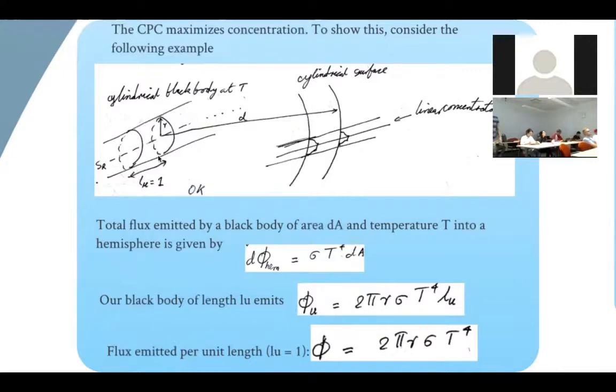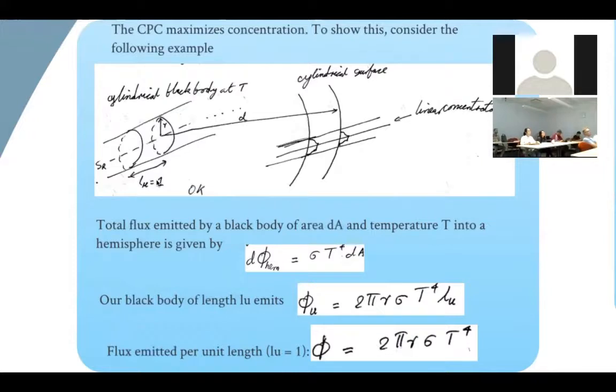Now, we are going to consider a small area of the cylinder, so we're going to call it dA. So the flux emitted by this cylinder is basically sigma T raised to 4 times dA. Now, let's assume a length Lu.